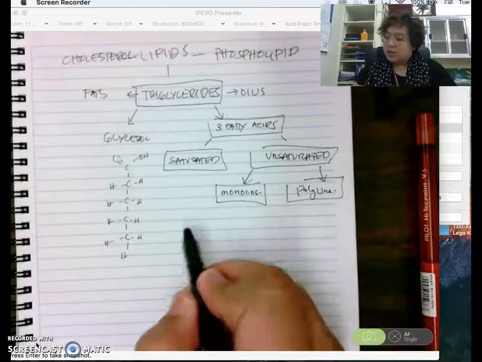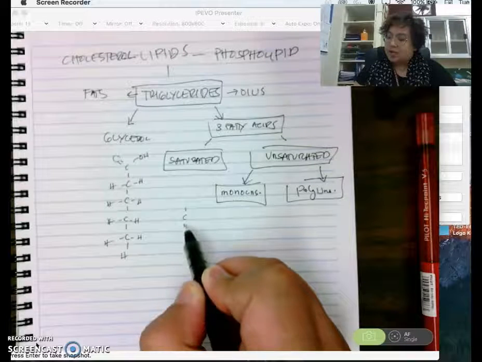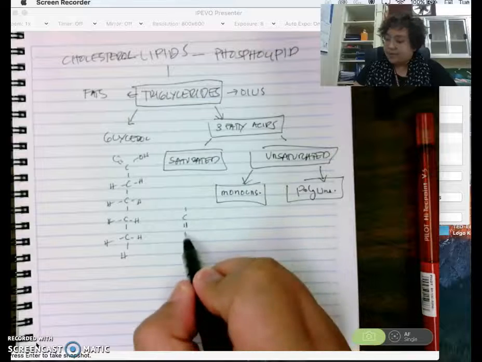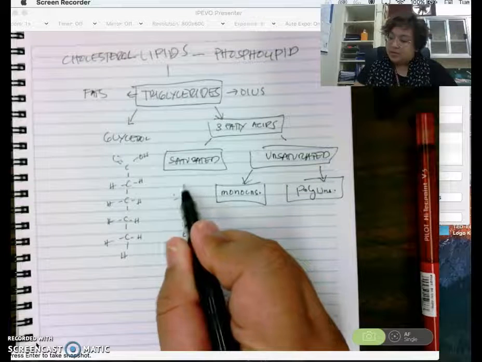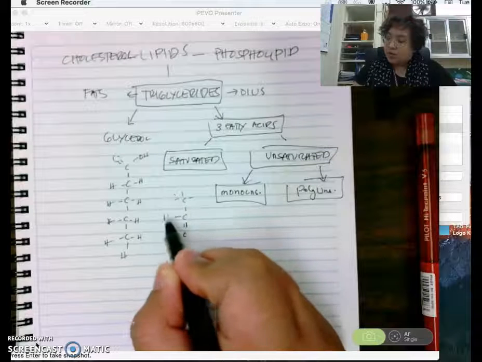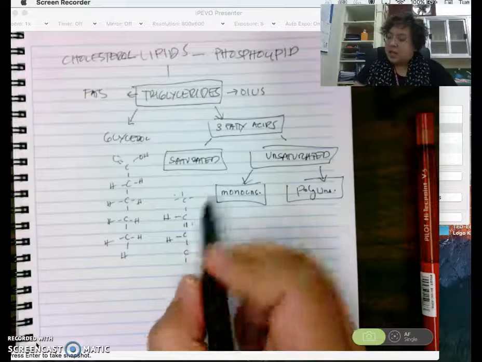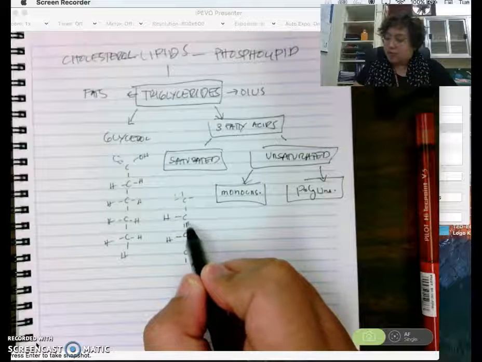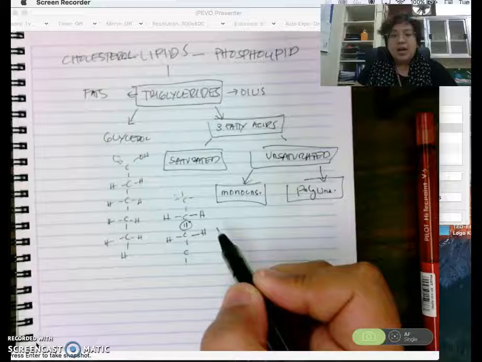For your unsaturated, it means there are some portions in your hydrocarbon chain where you find a double bond, and this position right here means 1, 2, 3, 4, 1, 2. Means that you can still remove the double bond right here and add hydrogens.